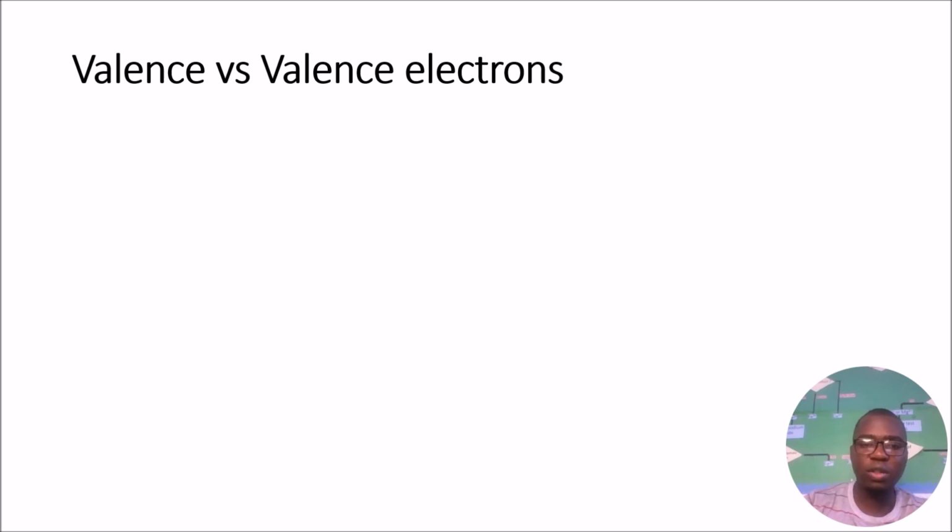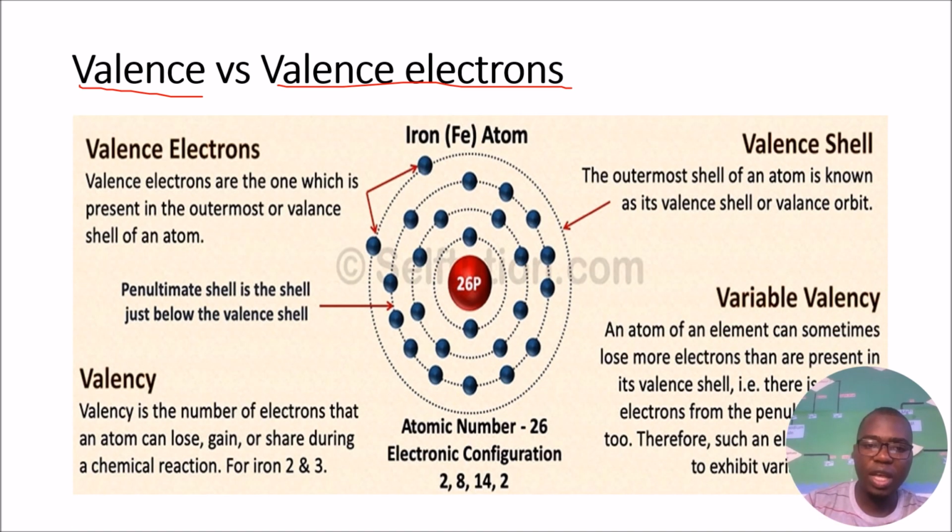Just to sort out the confusion, there is a difference between valency and valence electrons. These two things are closely related, but there is a bigger difference. Let's look at this diagram here to fully understand the difference between the two. Valence electrons is simply the number of electrons in the outermost shell of any element, whereas valency is the number of electrons that an atom can lose, gain, or share during a chemical reaction.